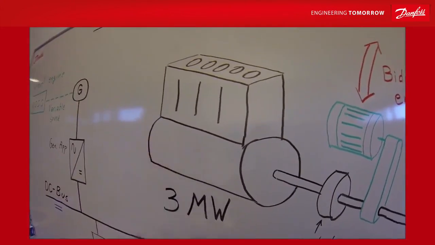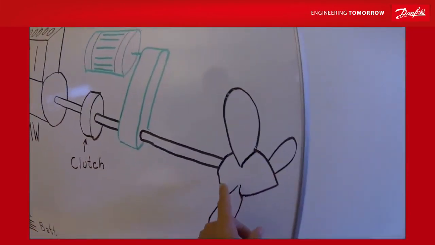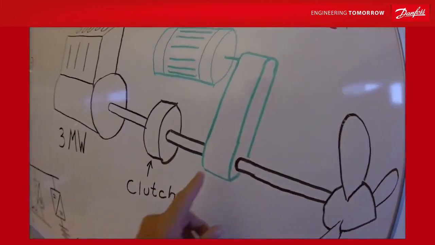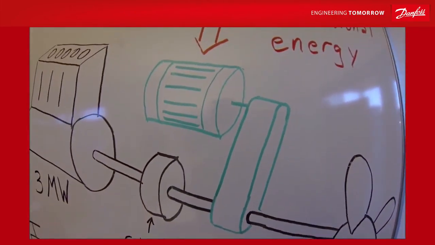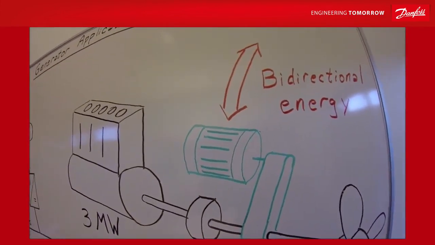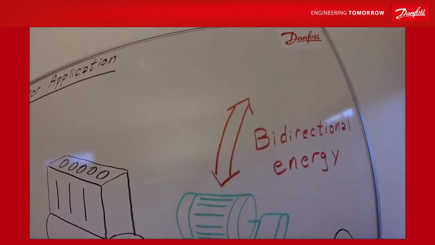It could be a big diesel engine on a ship, which drives the propeller shaft and the main propulsion units. There could be a generator connected to the shaft, and this shaft generator can, with this application, be used bidirectionally.